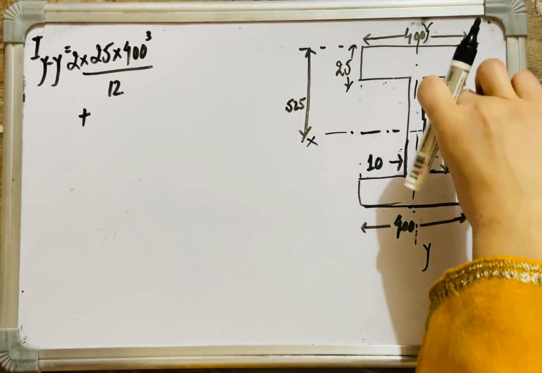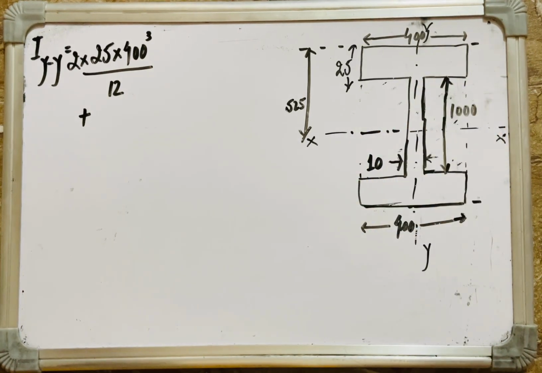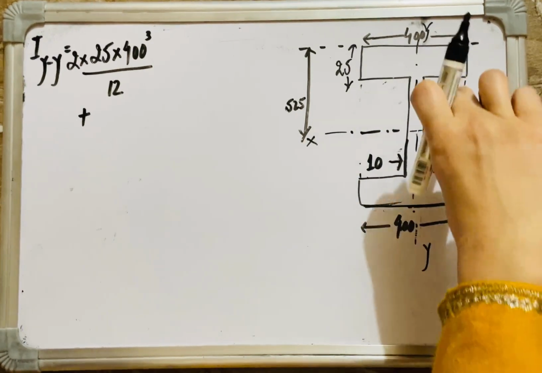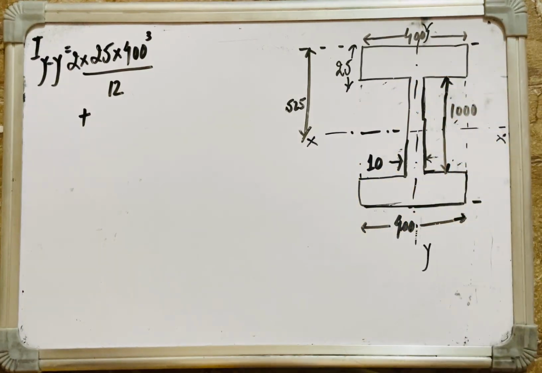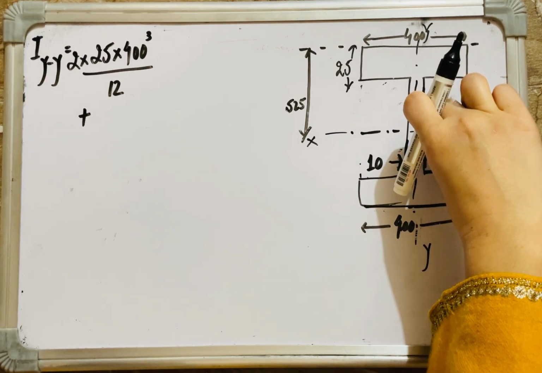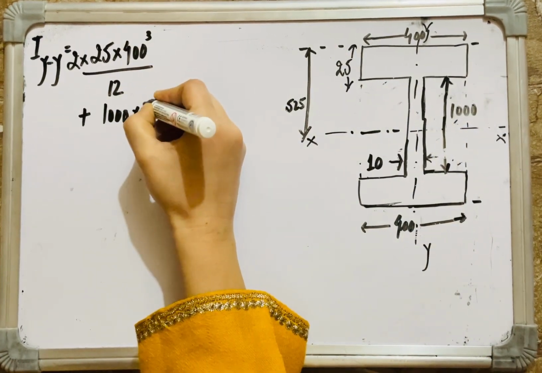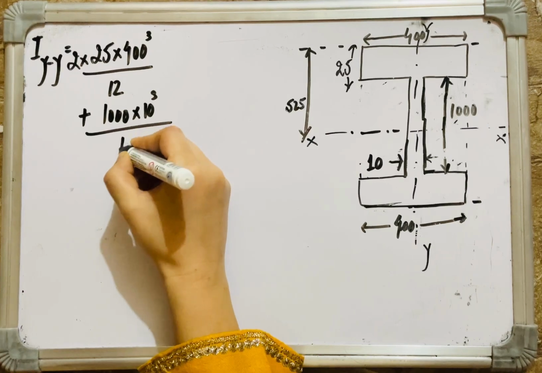This is the web plate, so this is B now, and this is D. If I had to calculate about the x-axis, then this was the B, this was the D. BD cube by 12 about the y axis for the web plate area. How much? B is 10, D is 1000, so BD cube by 12.